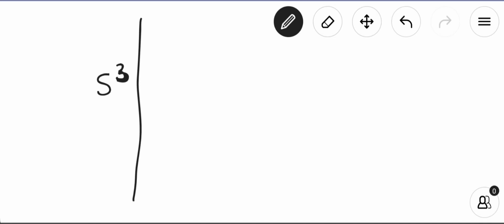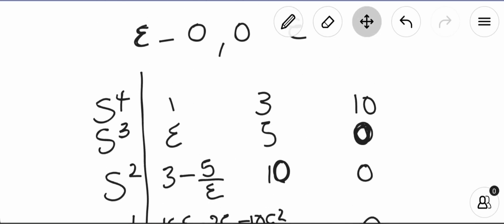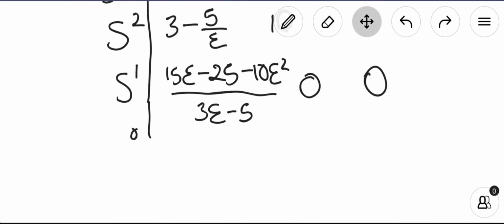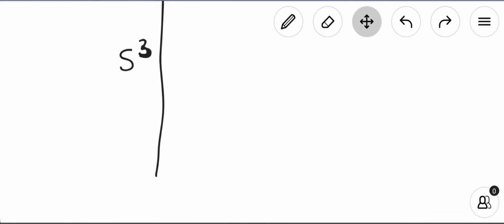So now the first condition has been met. I explained it in my previous video. The first condition has been met, which is all coefficients of s must be present and positive. Now we are checking for the first column if there is no sign change.